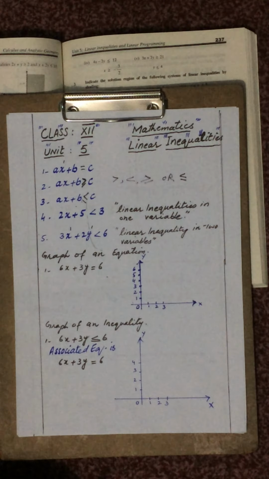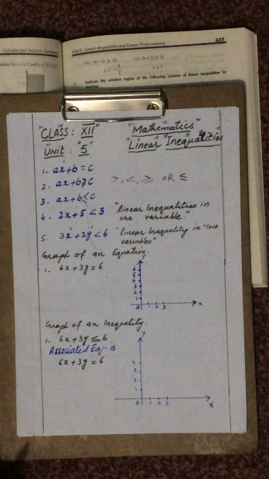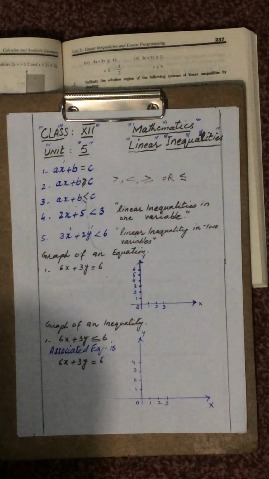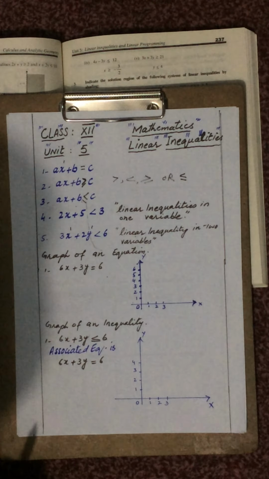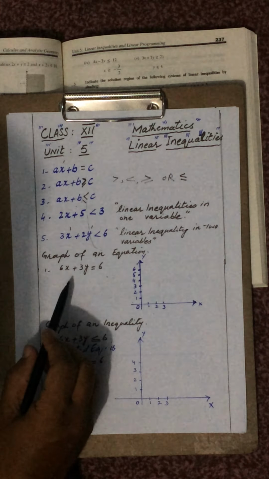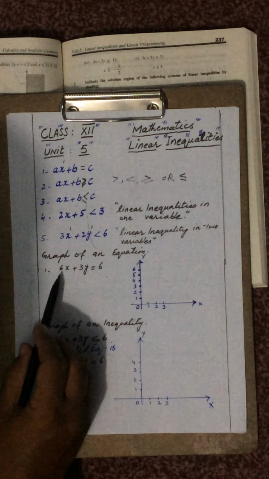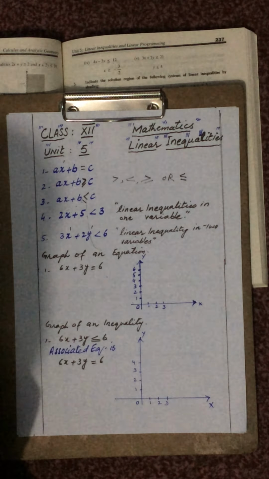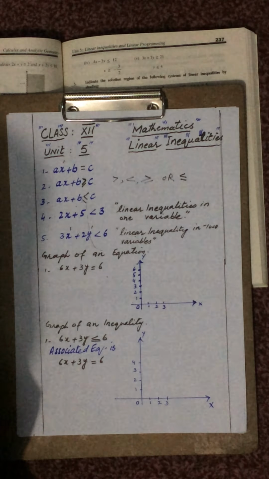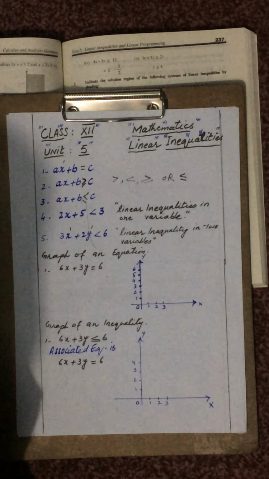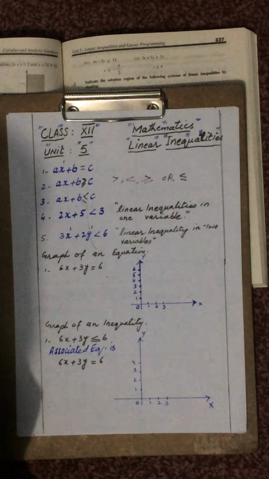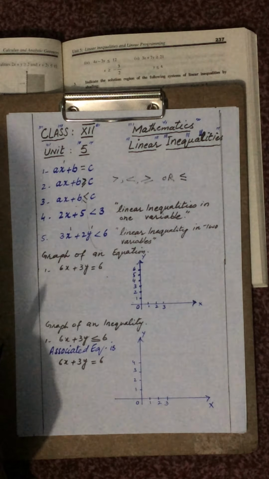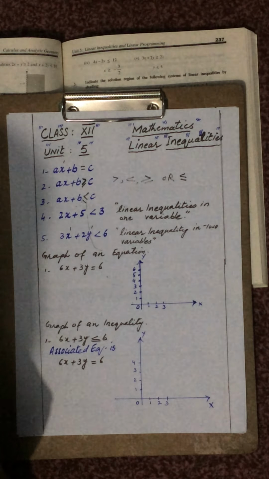Then our next topic is to understand the graph of the inequality. How to draw the graph of the inequality? There is an equation 6x plus 3y equal to 6, and we have to draw the graph of this equation.